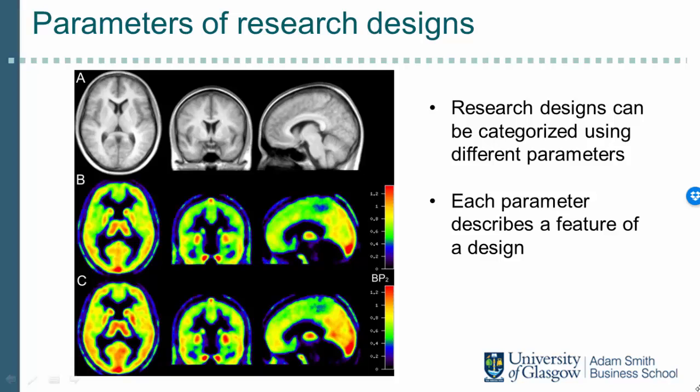Just like the different views of the human brain show different aspects of brain activity, different parameters of the design uncover particular features. The designs share features, and it's very imprecise to describe a design in terms of just one characteristic. For example, to say it's qualitative or exploratory design.